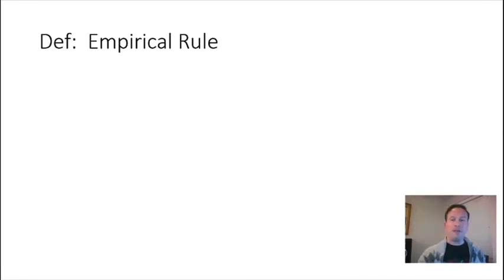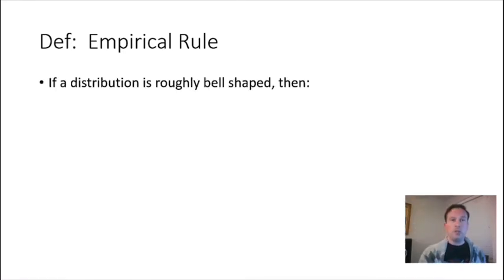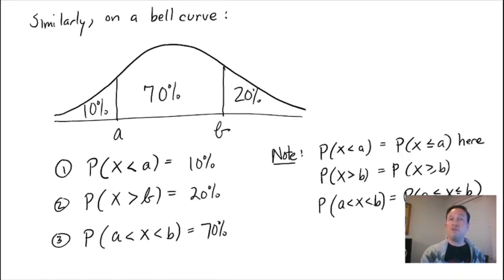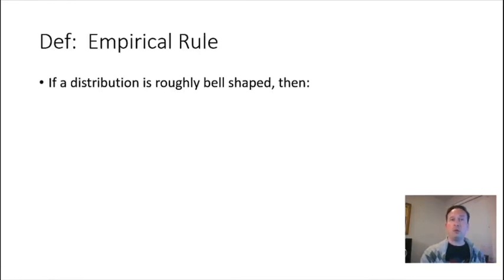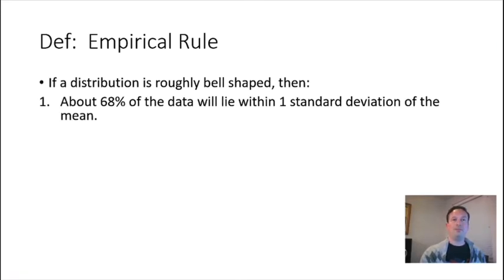All right, so here's the empirical rule. If a distribution is roughly bell-shaped, and again, in the last example I used a bell curve purposely because the empirical rule applies to bell-shaped graphs, then number one, about, not exactly, but about 68% of the data will lie within one standard deviation of the mean.